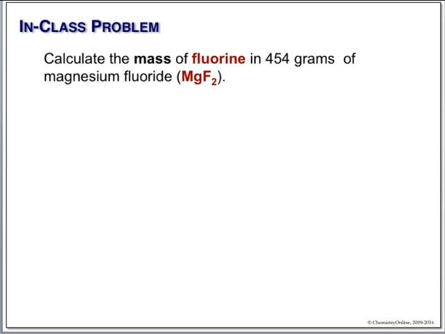We have a mass, we know a molar mass. That's going to tell us how many moles we have. We know that in every mole of magnesium fluoride, we have 2 fluorines. So that's going to tell us how many moles of fluorine we have. And when we know that, we just multiply it by its molar mass, 19 grams per mole.